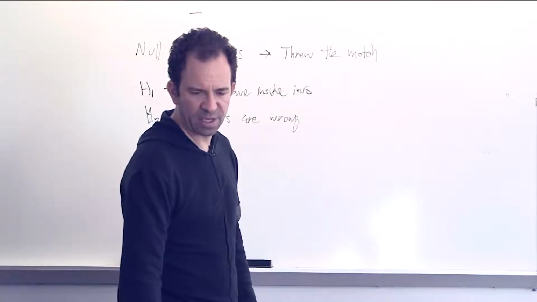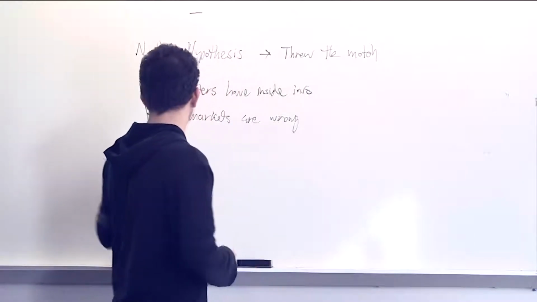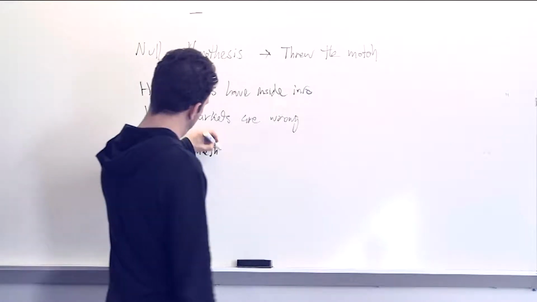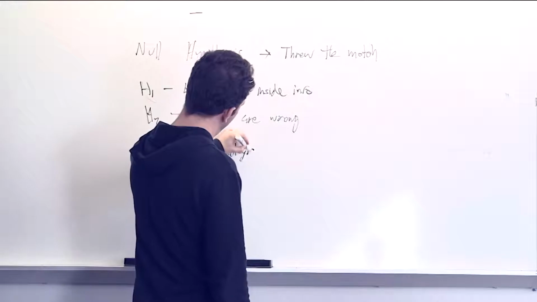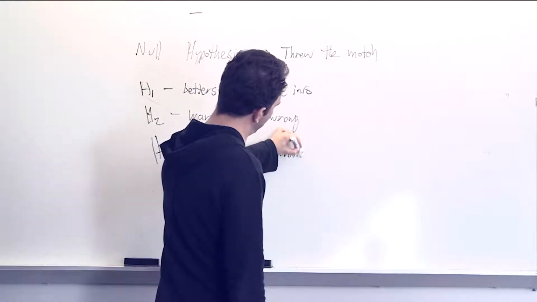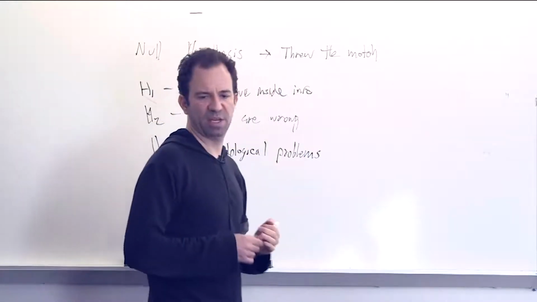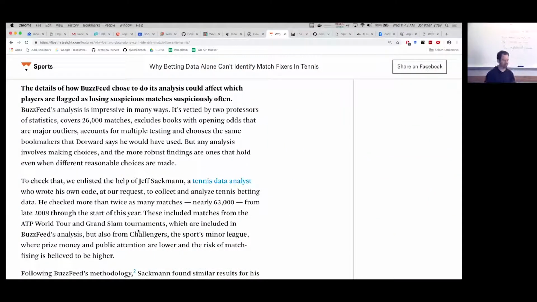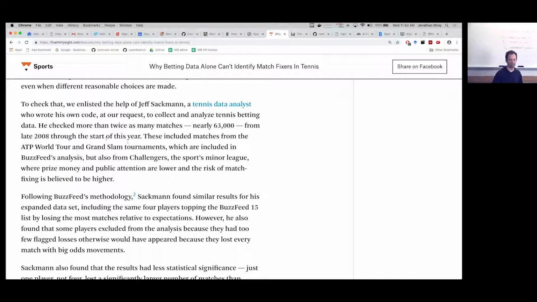And then, this is very interesting, H3 is, let's call it, methodological problems. We're going to talk about this a lot when we talk about the Garden of Forking Paths. So check this out. What 538 did for this article is they hired a statistician to replicate the results. And they did it a little bit differently. First of all, he used a few more matches, okay?